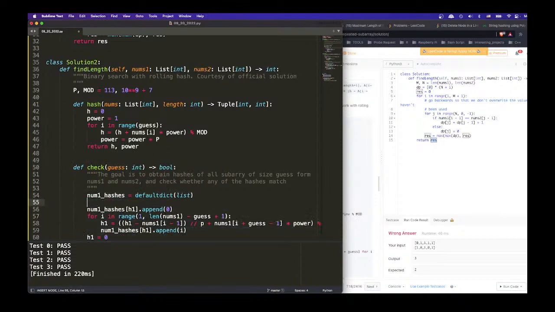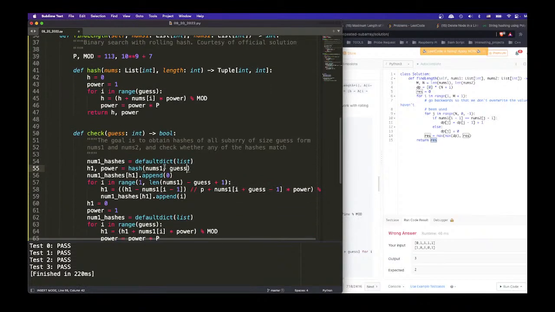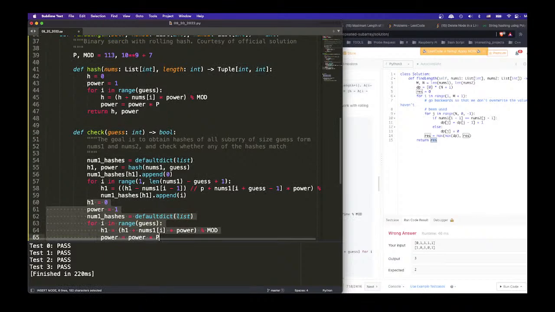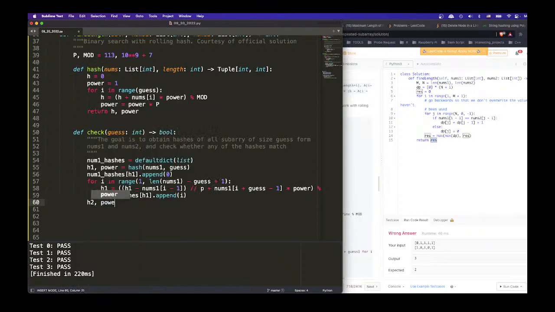Then we can say h1, power equals hash nums1, guess. Then we get everything. Okay, now we can say h2, power equals hash nums2 and guess. Okay, so that's the second one.